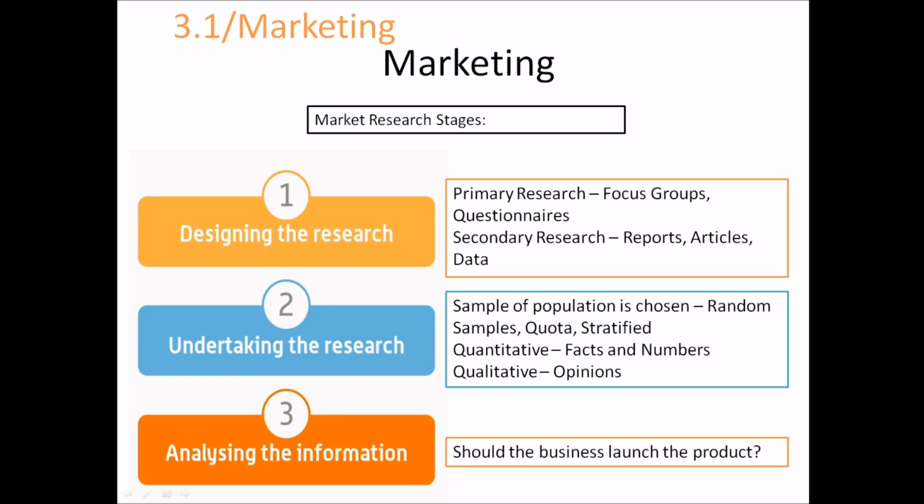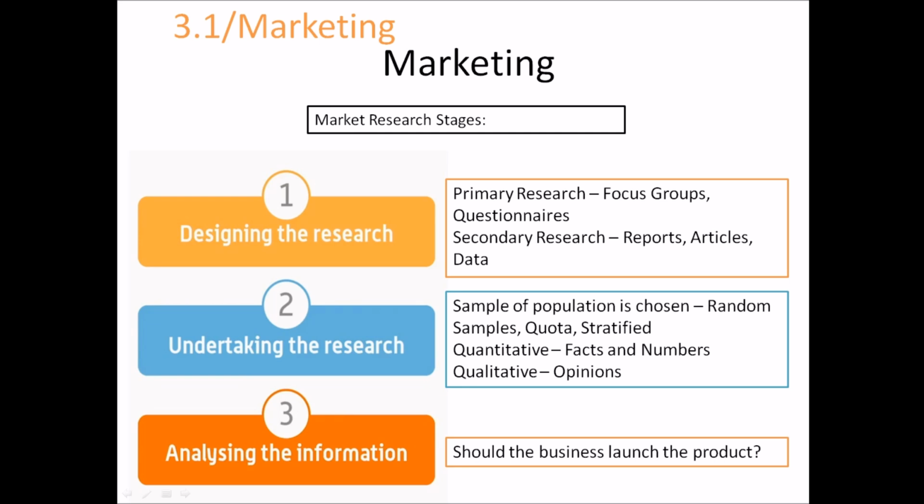Okay, so there are 3 stages of market research. The first one is designing the research, and this is when you use primary research, which is your focus groups and questionnaires, and you use secondary research. This could be where you use reports, articles, data, etc. Primary research is basically getting your own information.